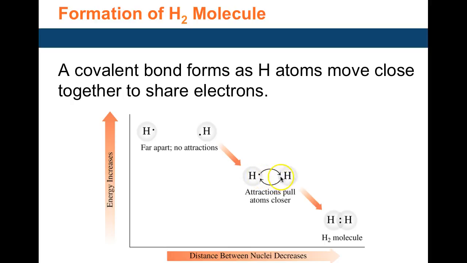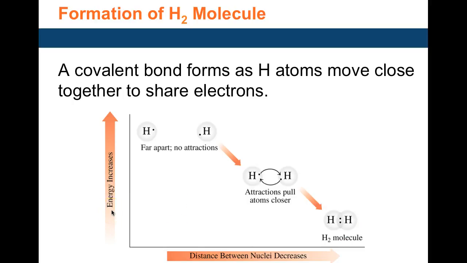So there is a pull drawing them together. But at some point, if they get way too close, the repulsions between the electrons become too much, because unlike charges attract and like charges repel. So there is a certain comfortable distance at which they can come closer, and that way the 2 electrons can be shared equally between the 2 hydrogen atoms when their orbitals are overlapping, like you see here.